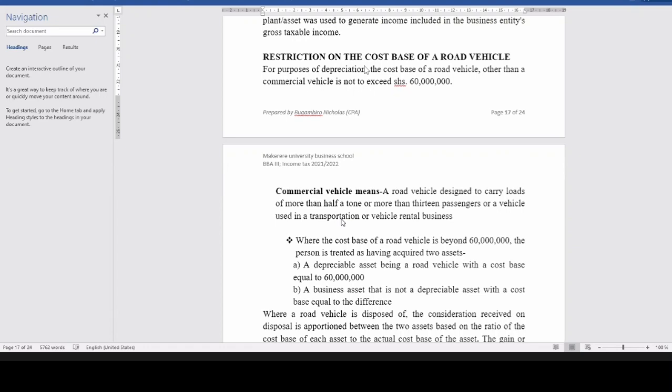Restriction of the cost base of a road vehicle. They are saying for the purposes of depreciation, the cost base of a road vehicle other than commercial should not exceed 60 million. In short, what do we mean? We mean saloon cars, if I'm to summarize it for you.